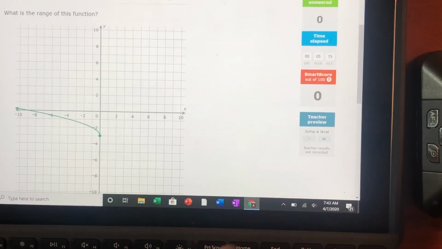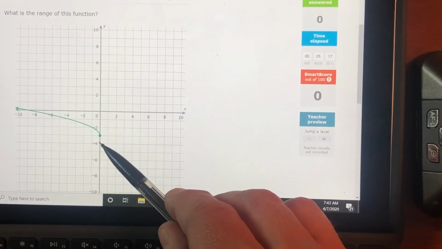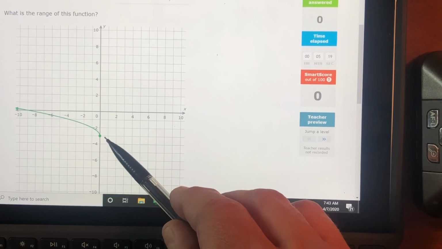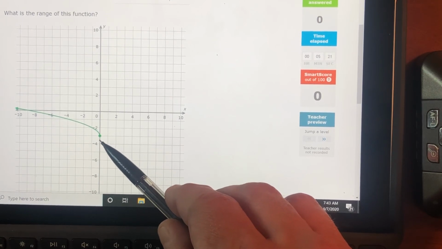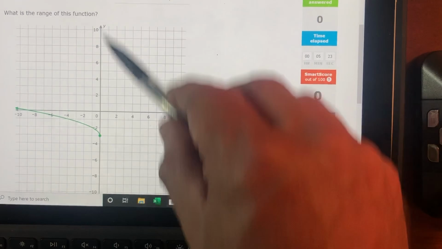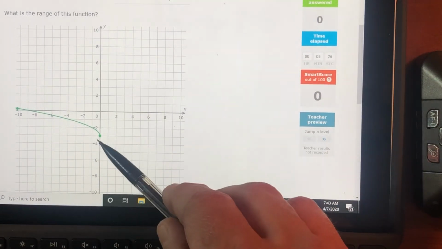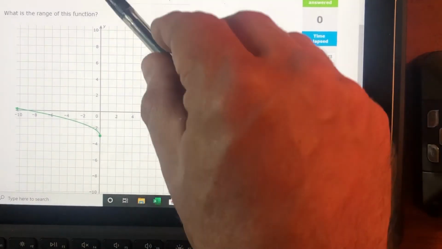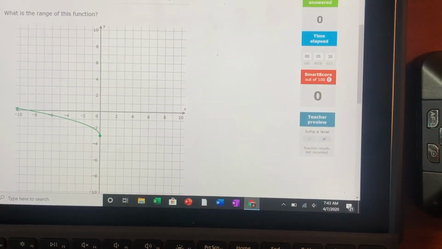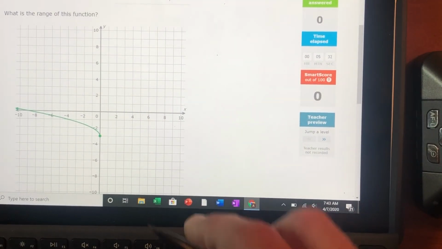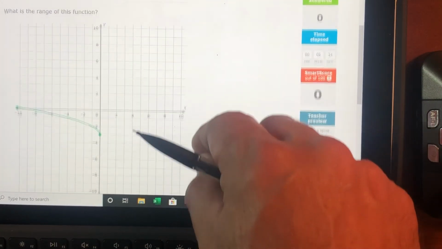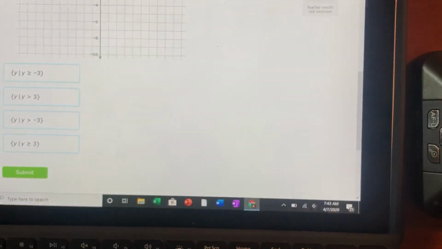Well, it looks like it starts right here at -3. So thinking about the up and down part of this graph, starting at -3, it goes up. Now, up is greater than. So the answer would be that y is greater than or equal to -3. So you choose your answer.